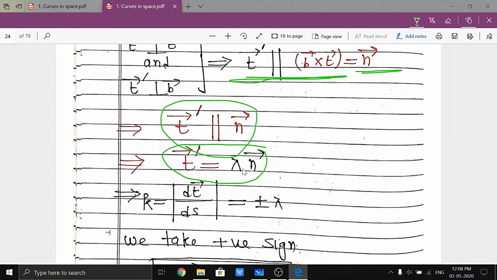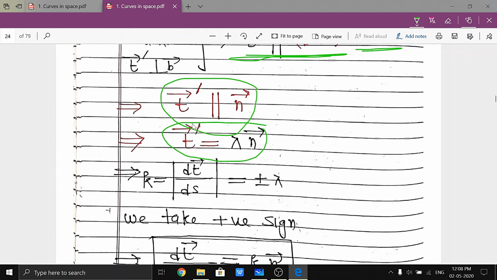Now to find the value of λ, we take its magnitude. The magnitude of T' is κ, that is dT/ds. The magnitude of λN is the absolute value of λ, since the magnitude of N is 1.